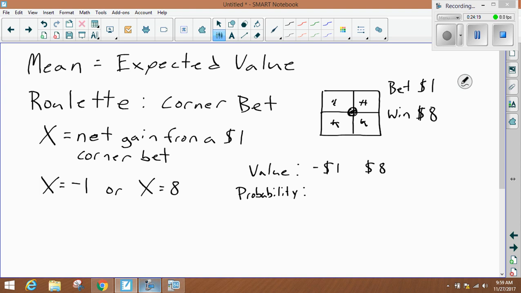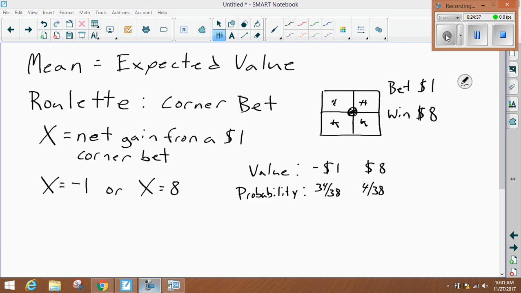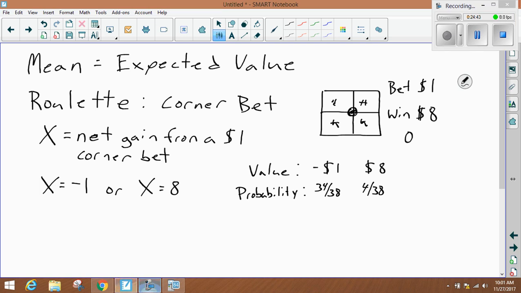So it turns out that in the long run, in order to find out this probability distribution, you have to have some long run probabilities. So yeah, I said earlier on the recording that there are 36. It turns out that there are 38. There's 0, double 0, and then 1 through 36 are possible outcomes.